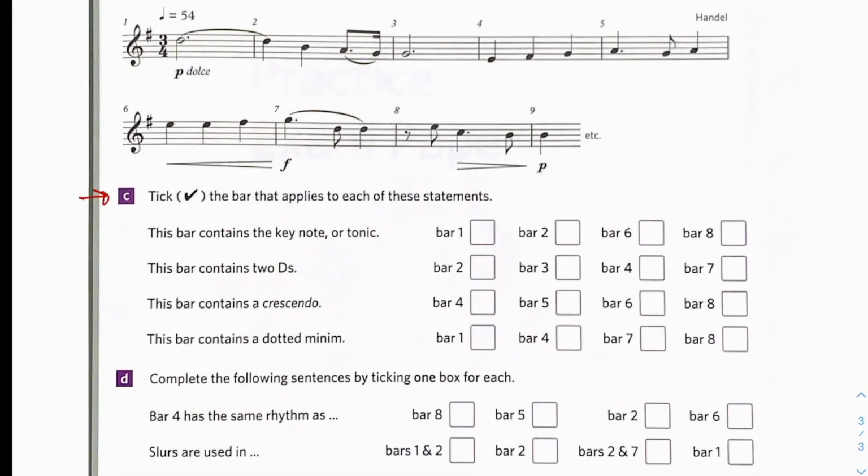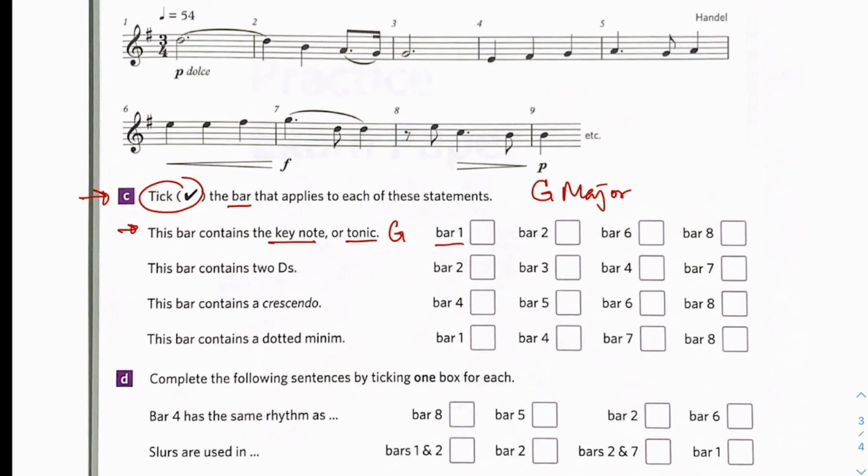Next, question C. Tick the bar that applies to each of these statements. Again, I have copied and pasted the melody so we can read it easily. The first one, this bar contains the key note or tonic. We know that we are in the key of G major, so the tonic would be the G. So we have to find a bar that has a G in it.